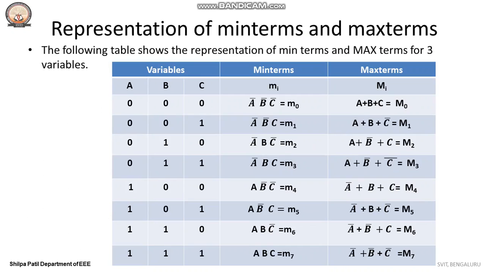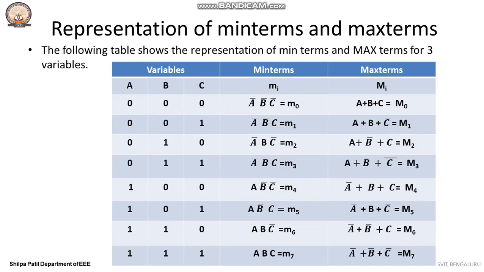We will represent min terms and max terms using this table, right? If the variables are A bar, B bar, C bar, we will write that as m0. If your sum term is A plus B plus C, we will write it as M0.